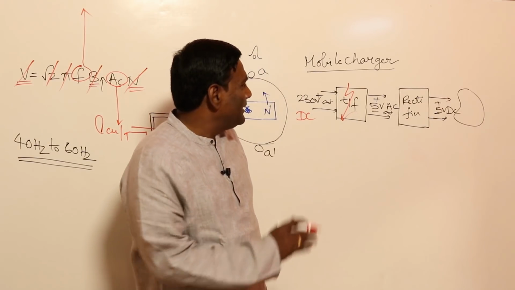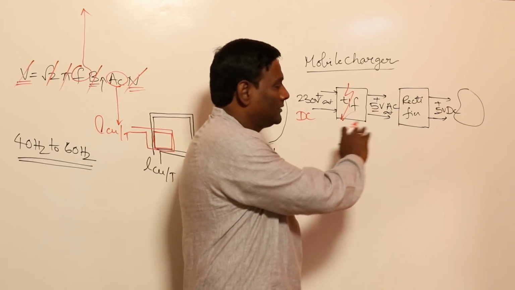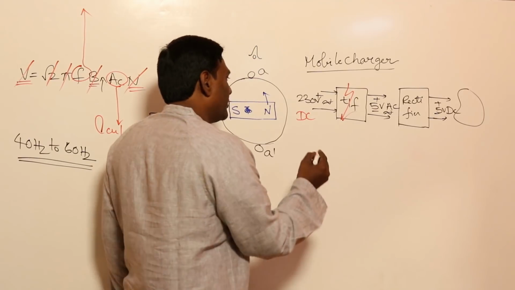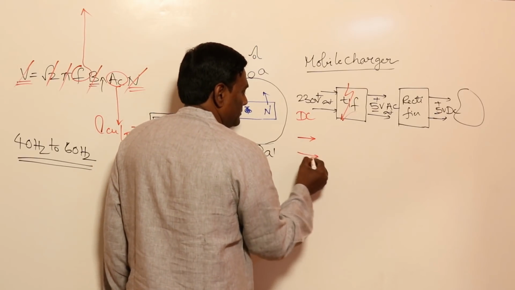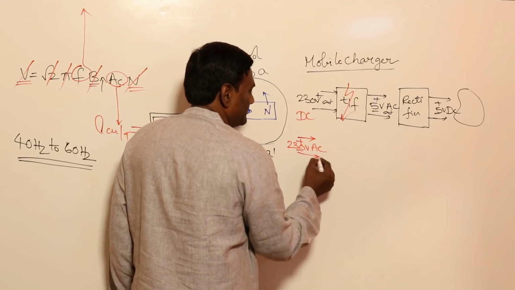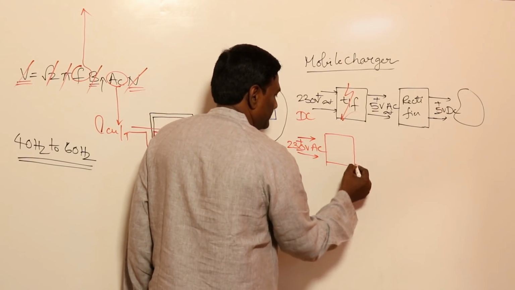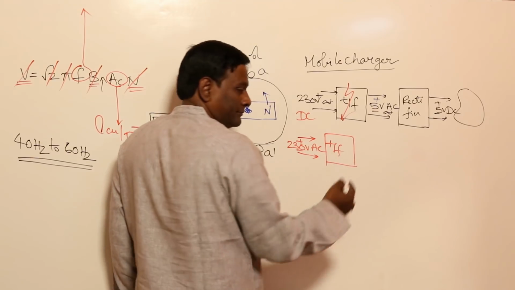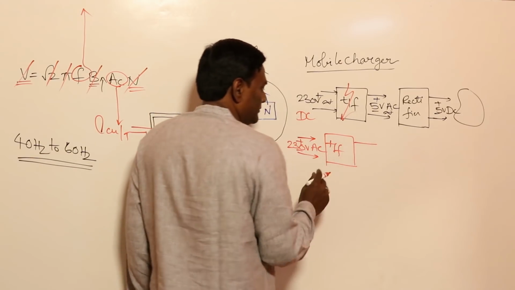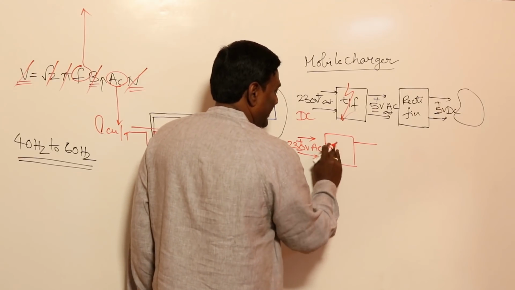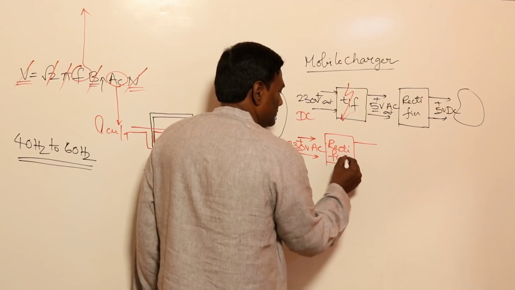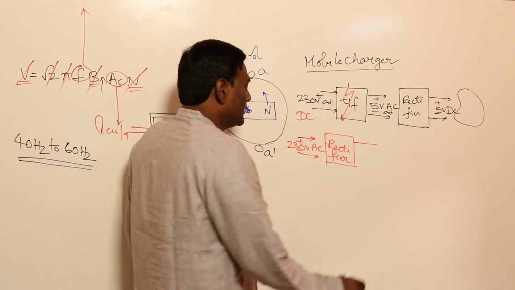Basically, my mobile charger will not be like this. Rather than that, what we do is, first, for example, let us think of 230 volts AC. We first give it to a rectifier.